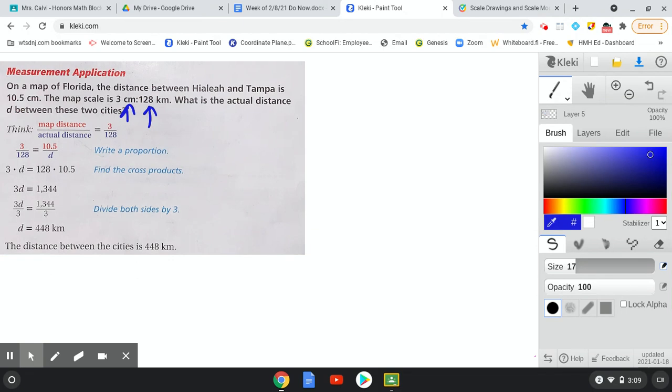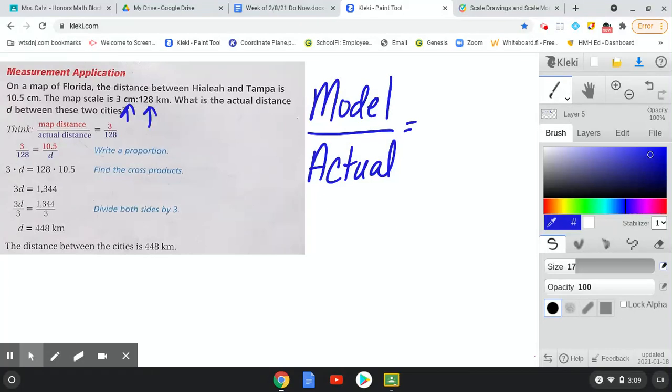They're asking what is the actual distance D between these two cities. So if we're looking at this, we know, again, we are going to do model over actual. If you constantly keep this ratio, it makes it easier. So the model on the map is 3 centimeters, and that actually relates to 128 kilometers, right?